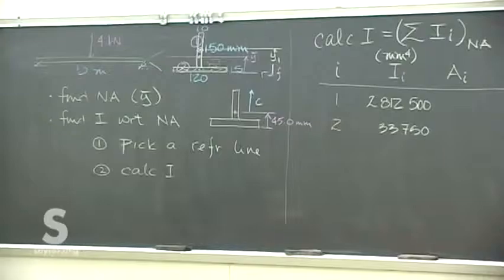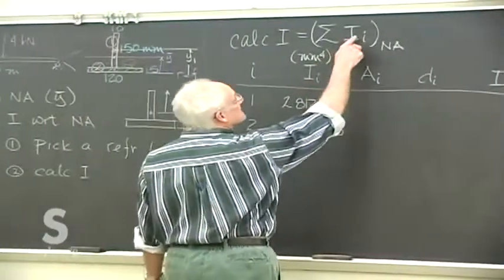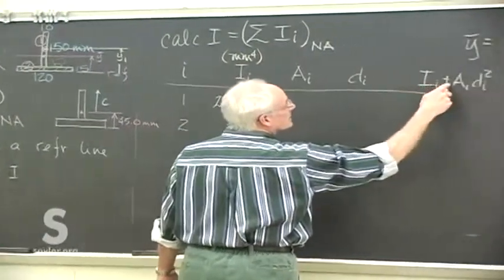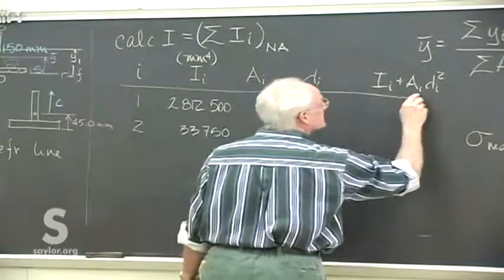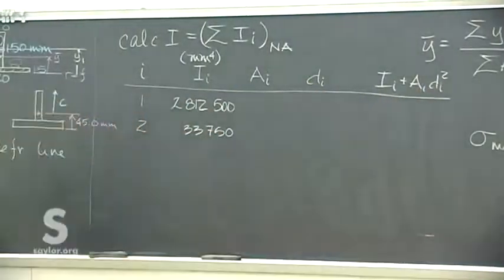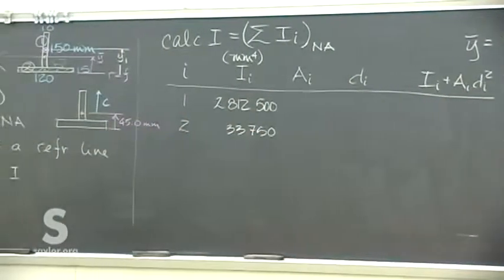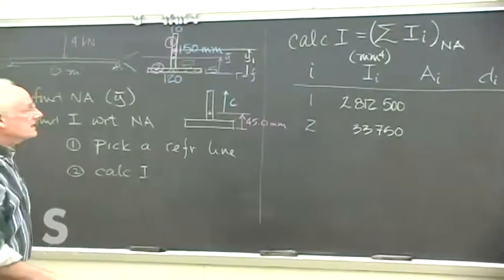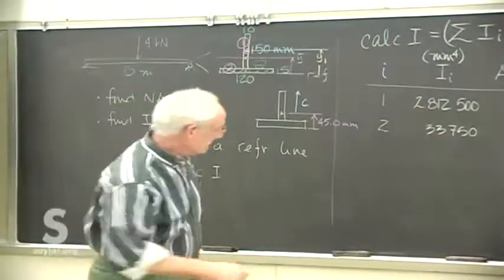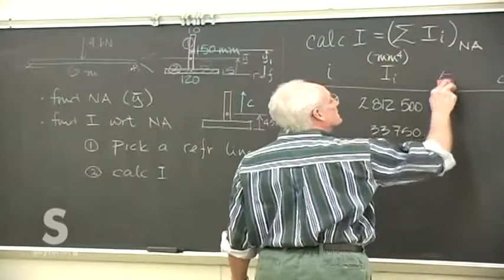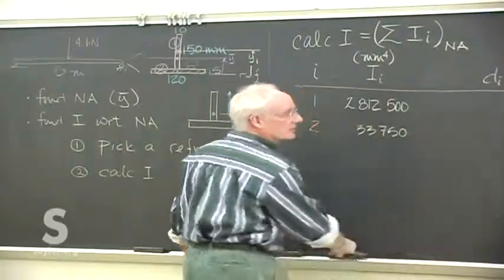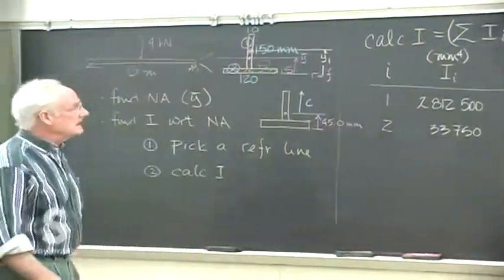Now, we don't need that summed up. We need to sum up the moments of inertia with respect to the neutral axis. So that's all the way down to there that we're working. The areas, we already had those on the other table, so we don't actually need to refigure those, but we do need to figure out what D is.